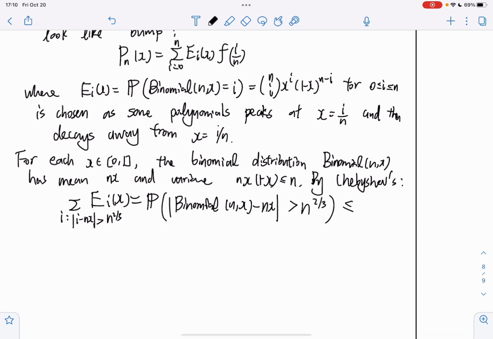This is bounded by n to the power of negative 1 over 3. Later on, when we see the Chernoff bound, we'll see a much better tail bound.